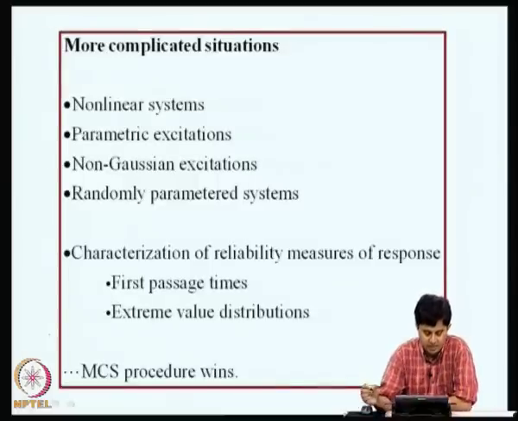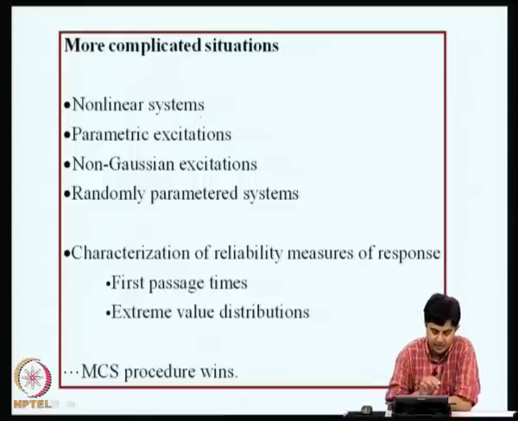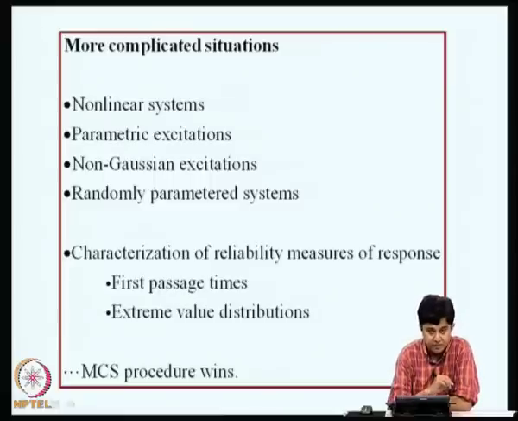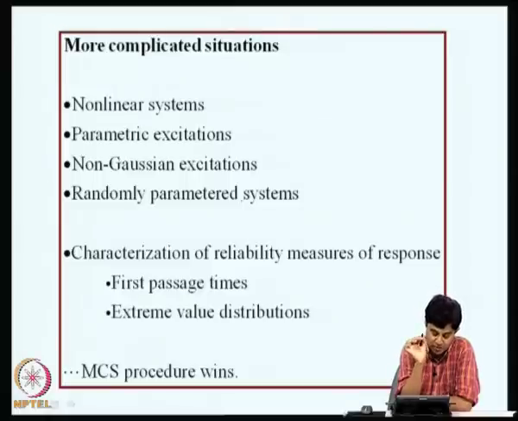If we encounter more complicated situations, for example, system behavior is nonlinear, or there are parametric excitations, or excitations are non-Gaussian in nature, or system parameters are uncertain, therefore, we use random variables or random process models even to describe the system parameters.